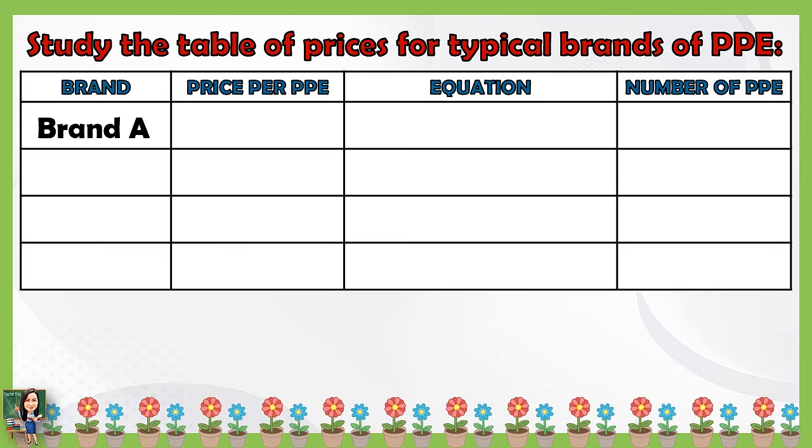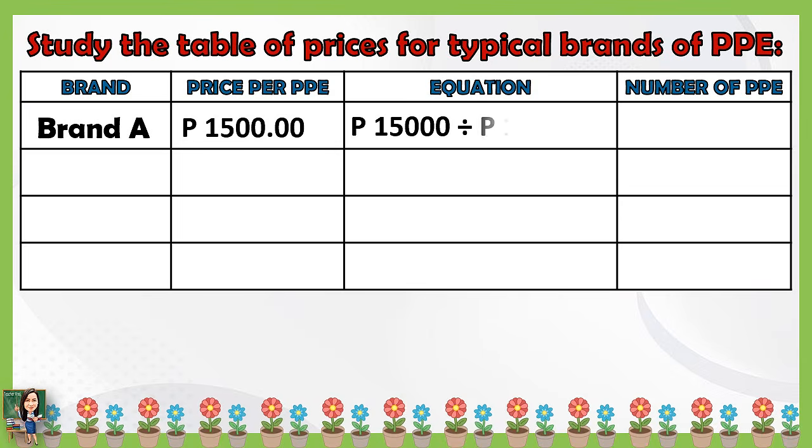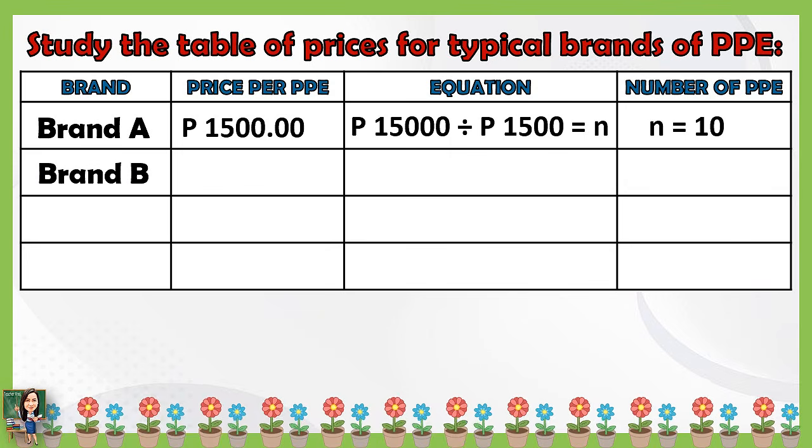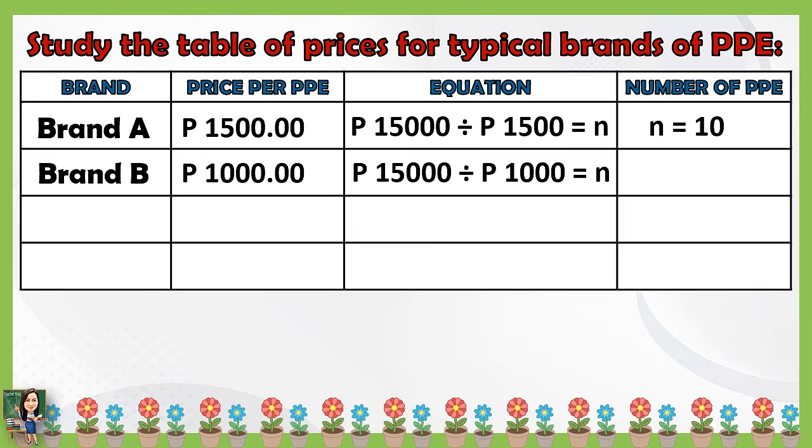Brand A. The price per PPE is 1,500 pesos. The equation is 15,000 ÷ 1,500 = N. Then the number of PPE is 10. Brand B. The price per PPE is 1,000 pesos. The equation is 15,000 ÷ 1,000 = N. Then the number of PPE is 15.